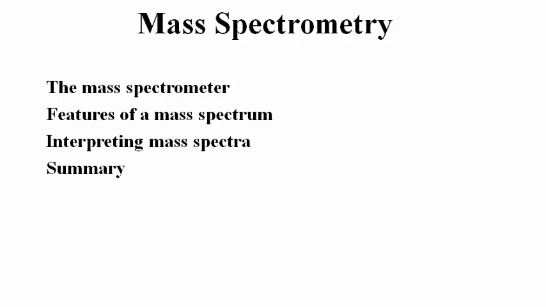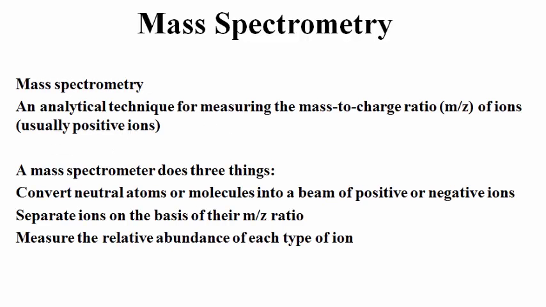So this should be a bit shorter. It's easier to interpret than IR spectroscopy or NMR spectroscopy. And so usually when you're solving these problems, which you'll see in a separate video, you want to tackle the mass spec data first. So let's go ahead and move on into that.